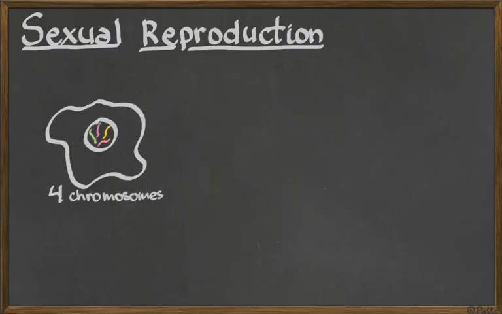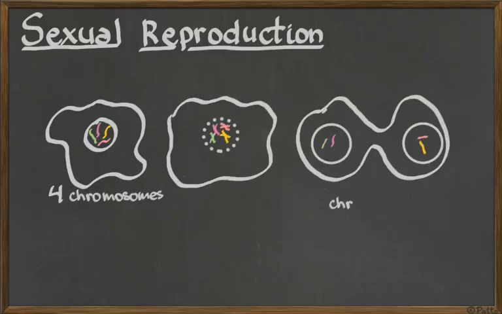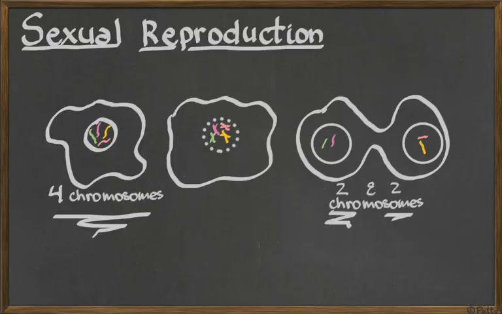This is a reductional division, which is called meiosis. So they multiply the chromosomes back as well, but in the end they are going to be dividing the number of chromosomes that are there in half. So the original parent here had 4 chromosomes. These ones, each one of them is going to be having 2 chromosomes. This is the process called meiosis.